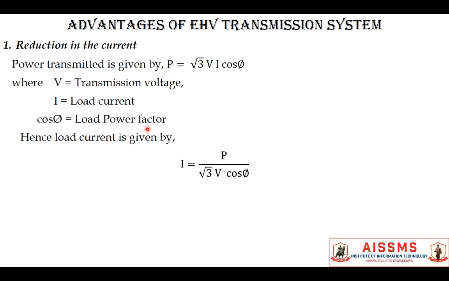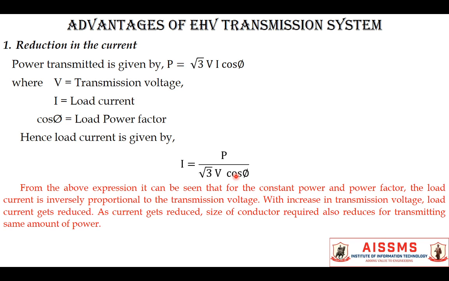From this power equation, we can find out the load current. I will be given by P divided by root 3 V cos phi. So for a constant power, it is clear that if P and power factor remain constant, and I go on increasing the voltage, the current goes on decreasing.